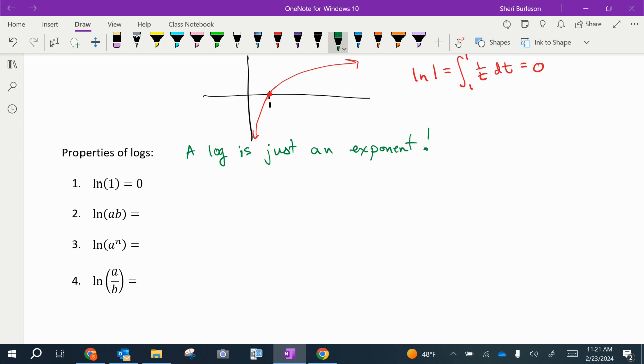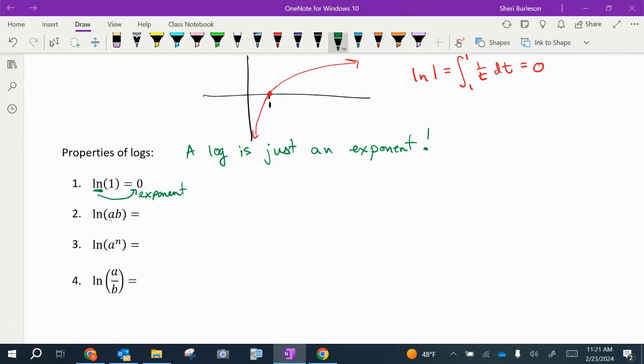So what this says is, natural log is base e. What is the exponent on e that gets me a 1? The exponent is 0. So the log is just the exponent, okay?